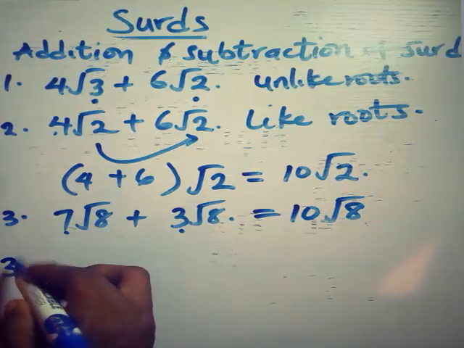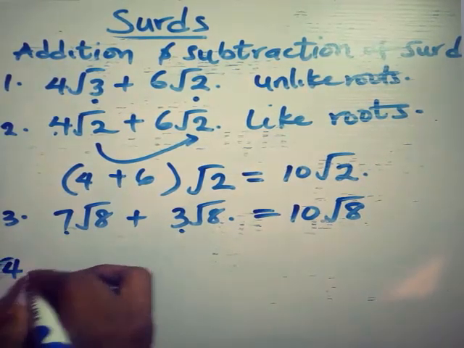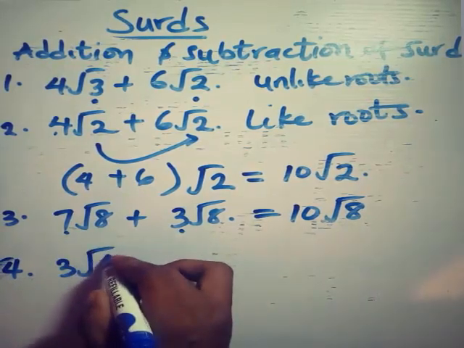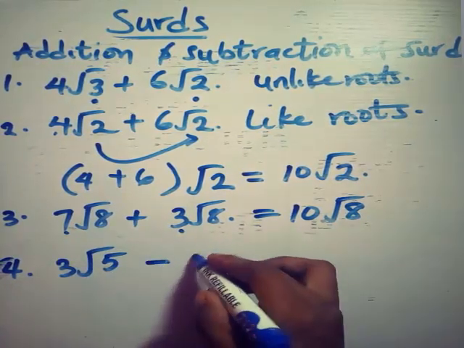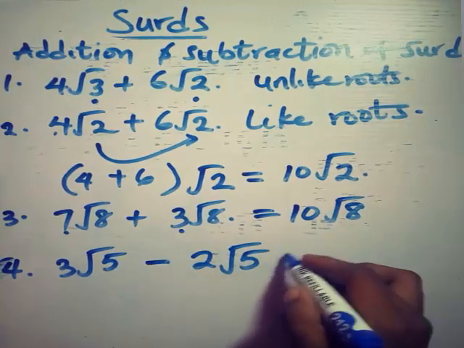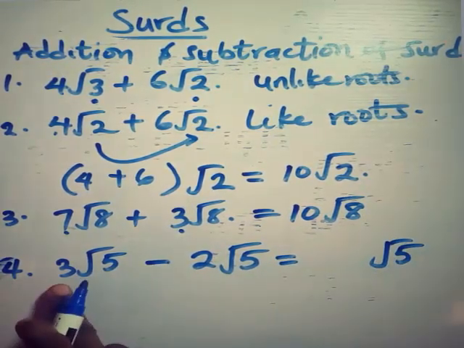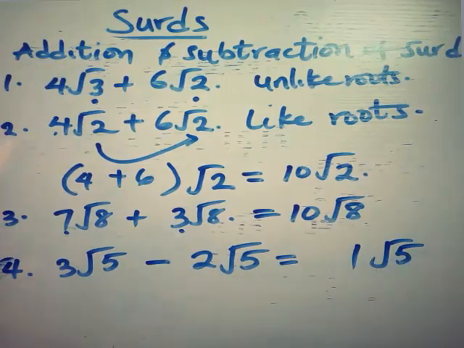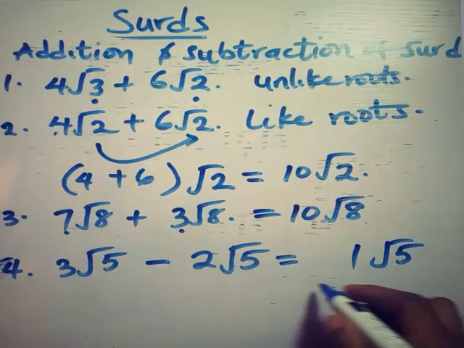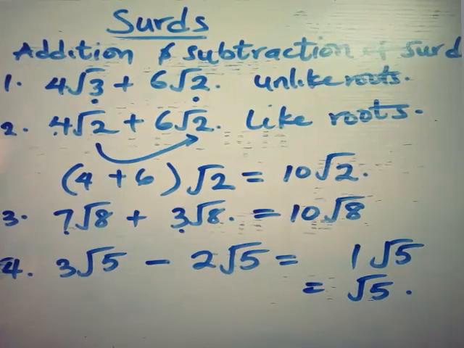3 root 5 minus 2 root 5. Of course, we have root 5, and 3 minus 2 gives me 1. So our answer is root 5.